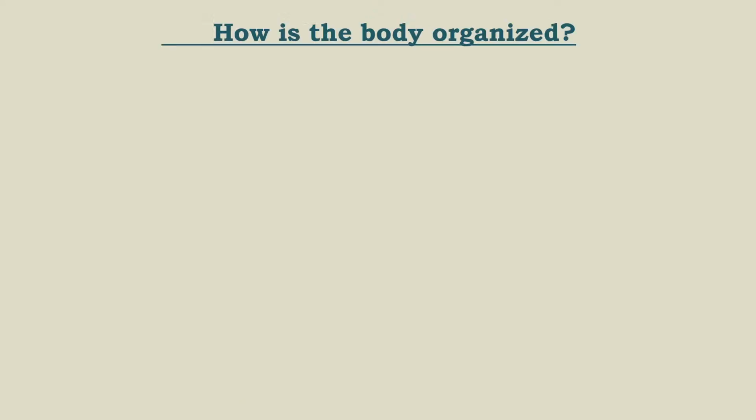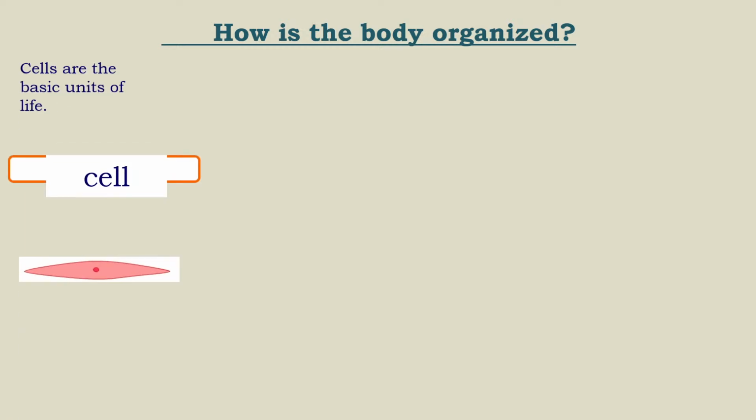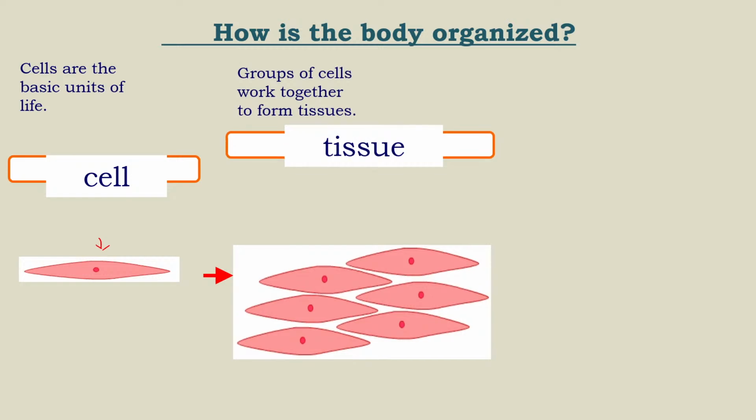Okay, let's see how the body is organized. Just as I told you, cells are called the basic unit of life. So this is a picture of a single cell. When you group many cells together, we call it a tissue.